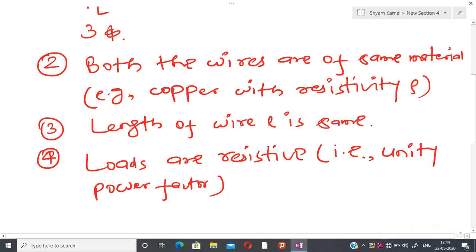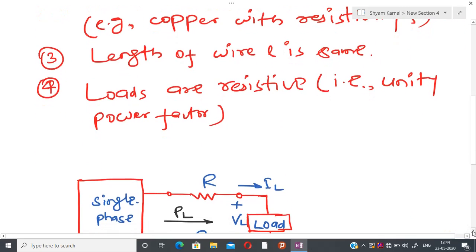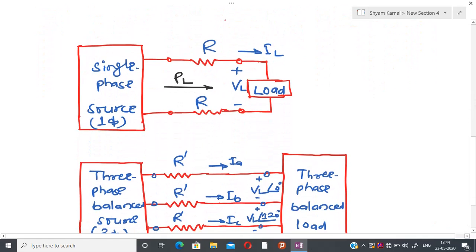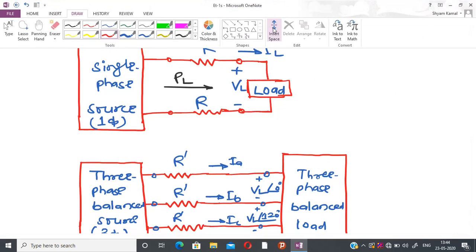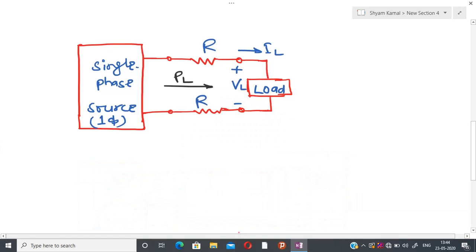So under these four assumptions, I am going to first write the mathematical analysis for the one phase system, and after that I am going to do the same analysis for the three phase system. Here you can see that in this one phase system I have used two wires of length L to connect one phase source to the load.